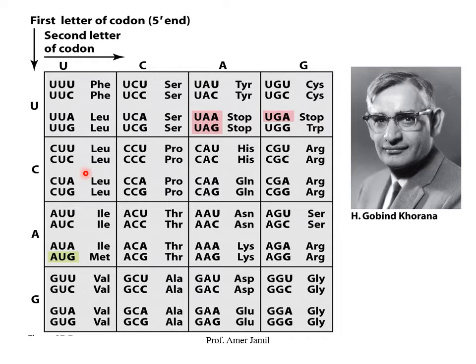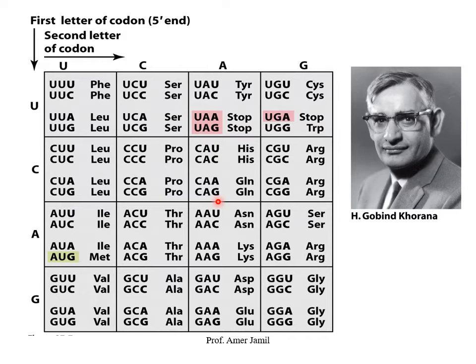The 3 codons which do not correspond to any amino acid are called stop codons: UAA, UAG and UGA. These are the 3 stop codons.